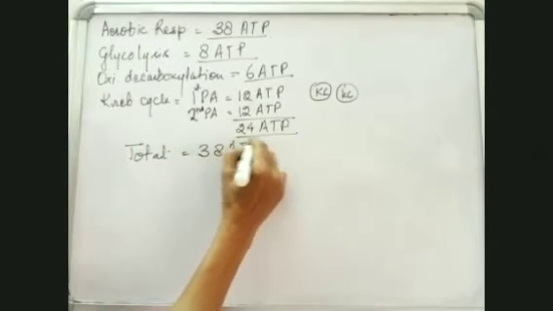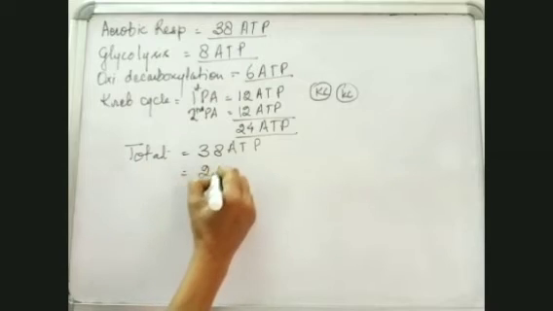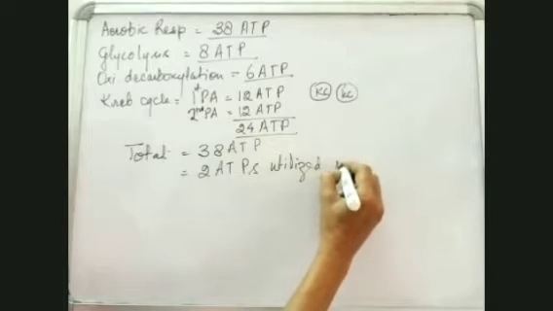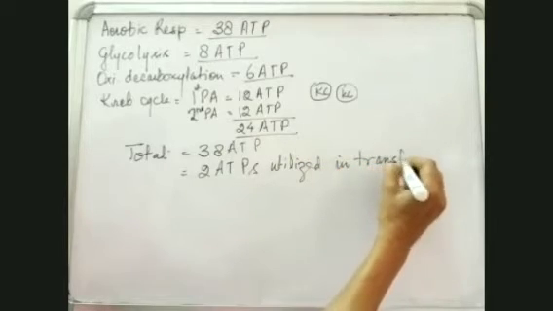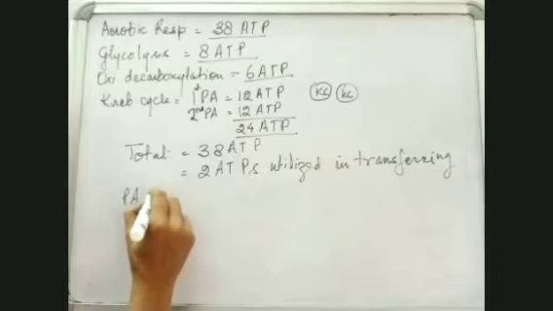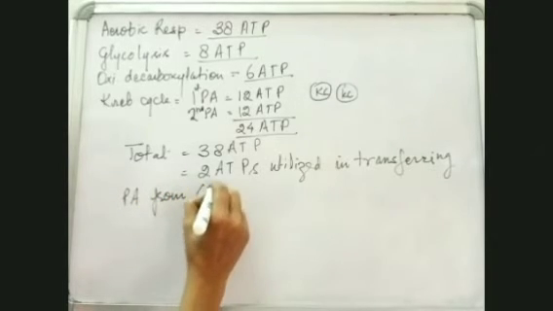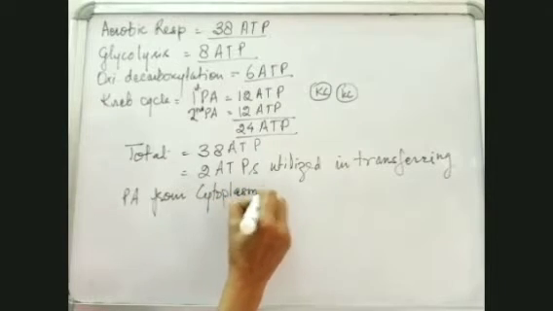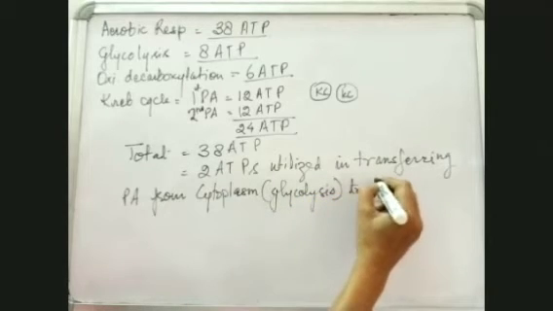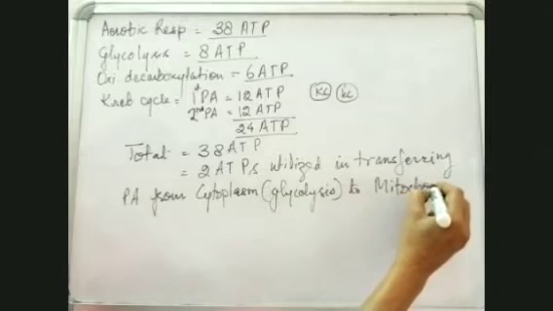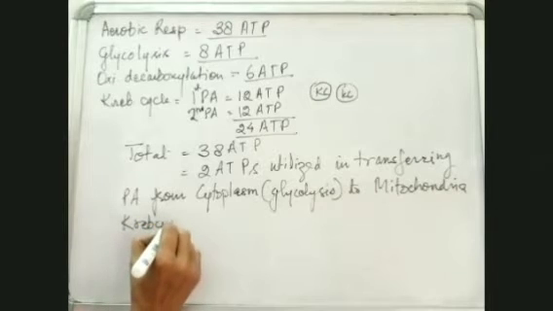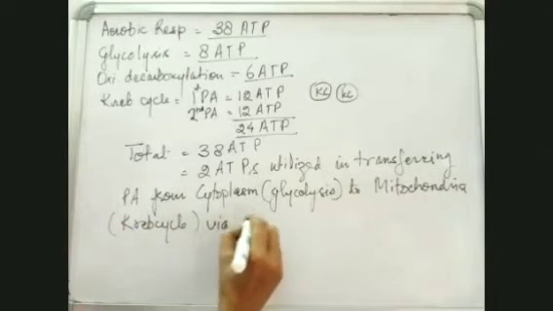And out of these 38 ATPs, 2 ATPs are utilized in transferring pyruvic acid from the cytoplasm, where it undergoes the process of glycolysis, to the mitochondria to perform the process of Krebs cycle via oxidative decarboxylation.